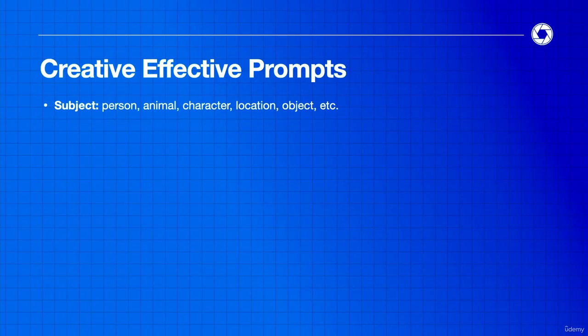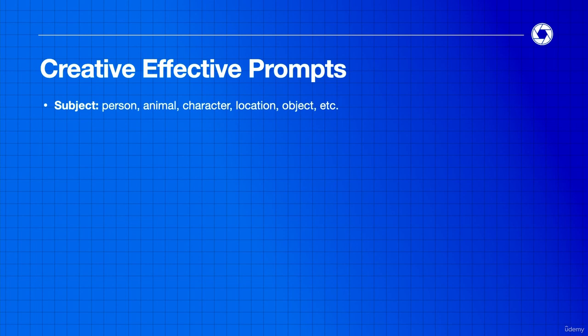So Midjourney basically has an archive and a data set of what words are connected to what objects in the real world. So when we're creating a prompt, we need to clearly describe to the system what we're looking to have outputted. So we can do that by breaking it down in a few different ways.